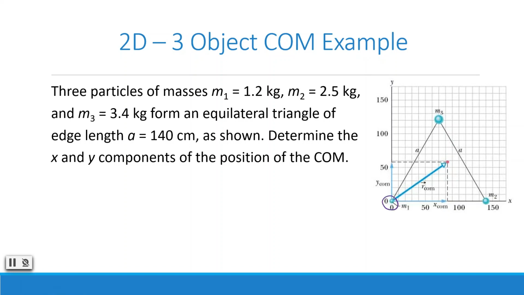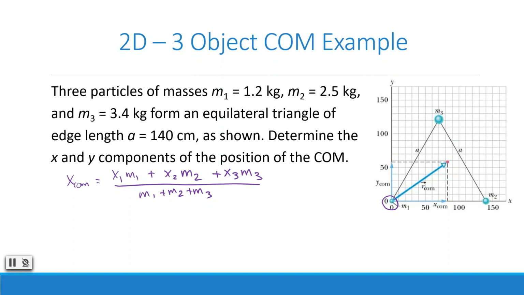So we're going to assume that x0 and y0 are there. If I want to find the x component of the position of the center of mass, I'm going to need to do x1 m1 plus x2 m2 plus x3 m3, and that has to be over m1 plus m2 plus m3. Okay, so that's going to be our general formula.